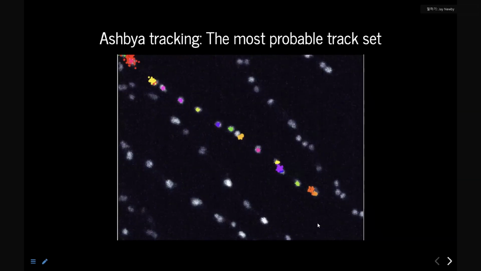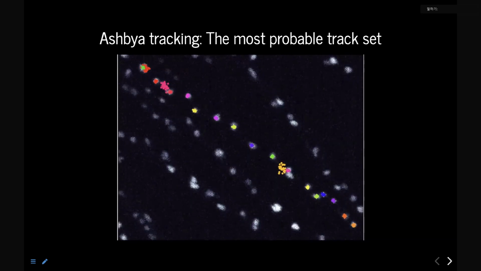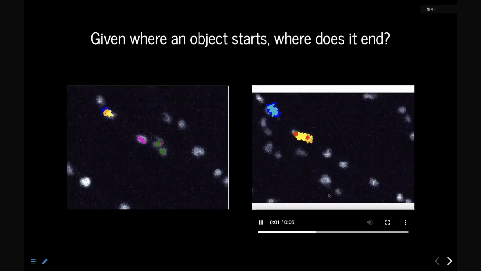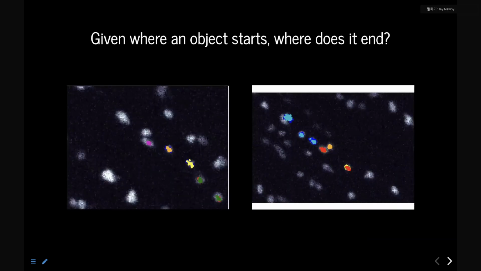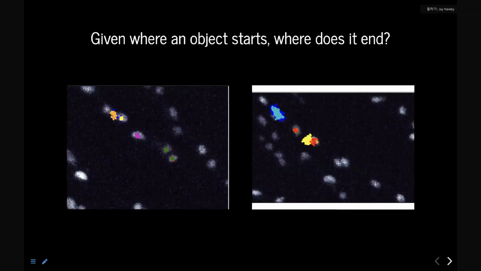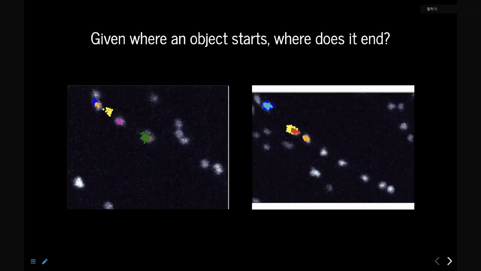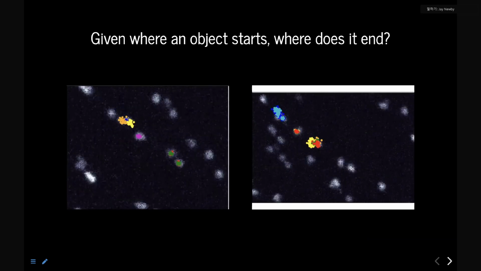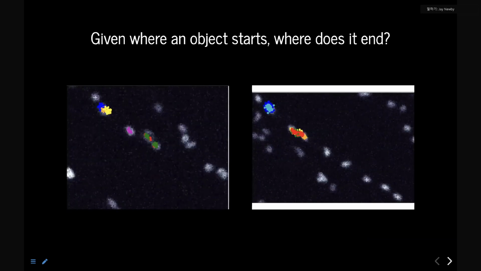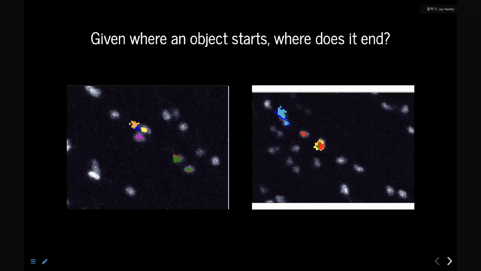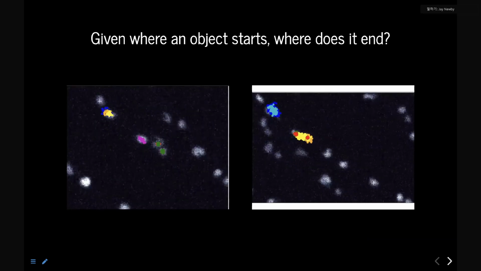Okay. So this is just one track set. I want to show you some results that we would only be able to obtain by looking at the distribution. Here, what I've done is I've identified an object and given it an ID, and think of the ID as a color at the beginning of the video.